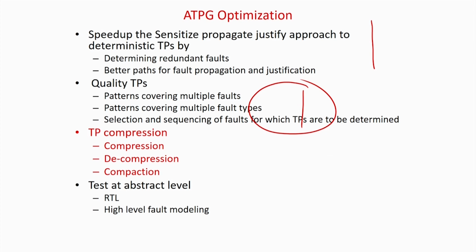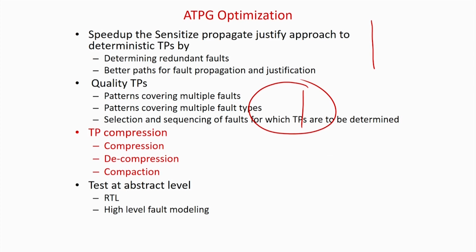The first topic is how we can make the ATPG algorithms intelligent so that we can detect faults in a much faster manner. In that way you can find better paths where we can sensitize the fault, better paths by which we can propagate the faults, so that whatever values you require can be justified. There are a lot of heuristics based on that.